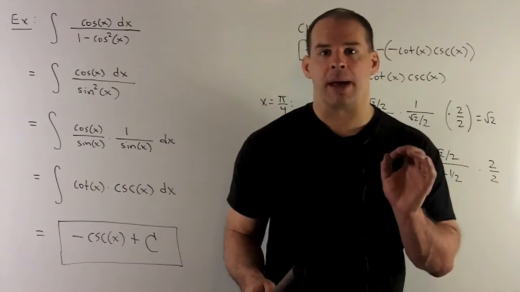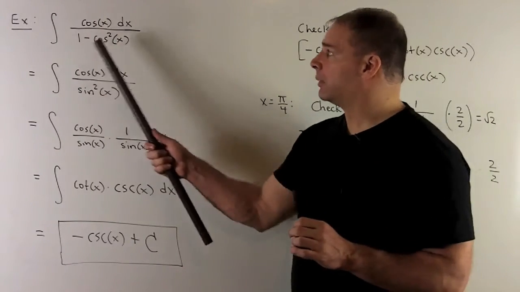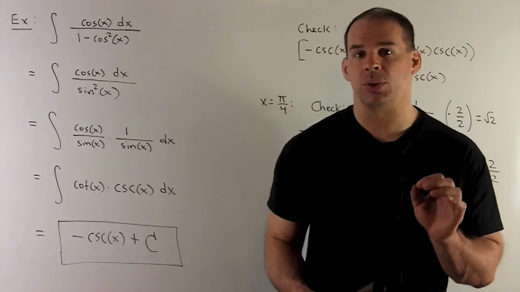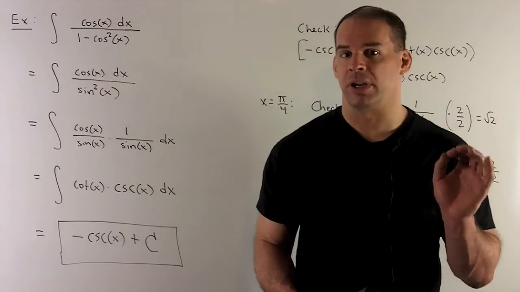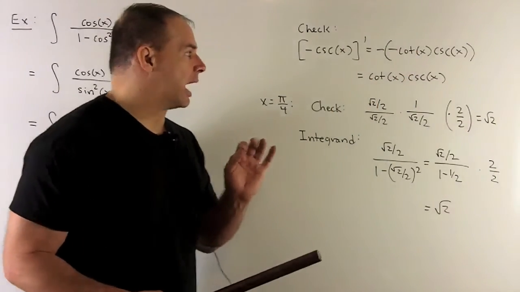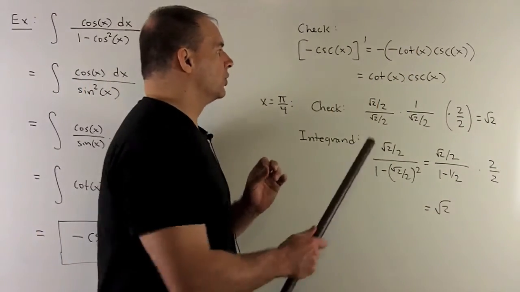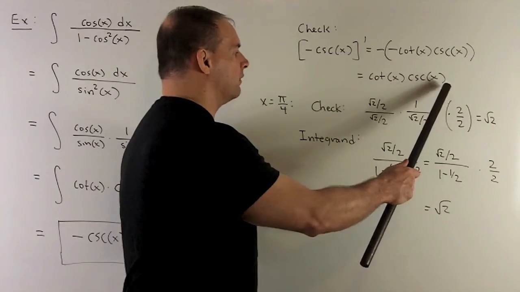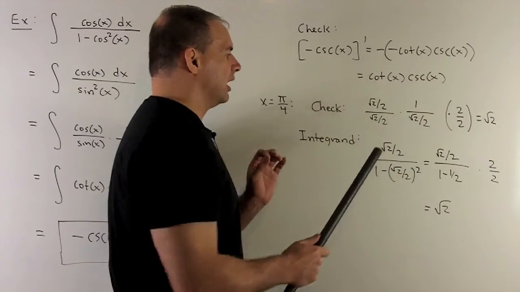Now, if we're worried about matching up to the original integrand, we can check as many points as we need to until we're convinced. So here, we're just going to check x equal to pi over 4. We're going to put pi over 4 into our check here, the derivative, and then we're also going to put it into the integrand.